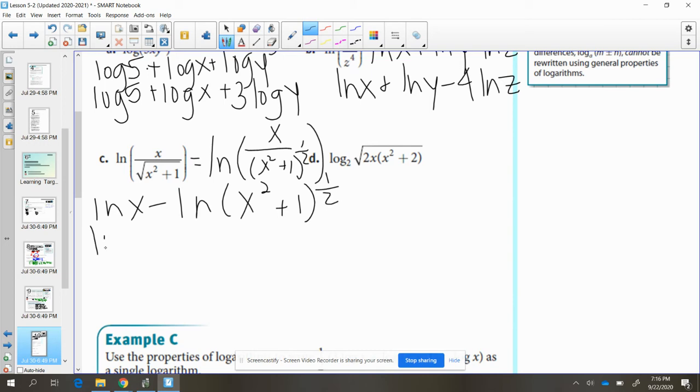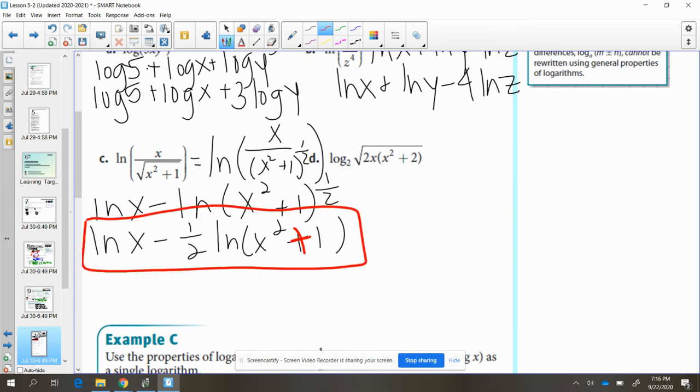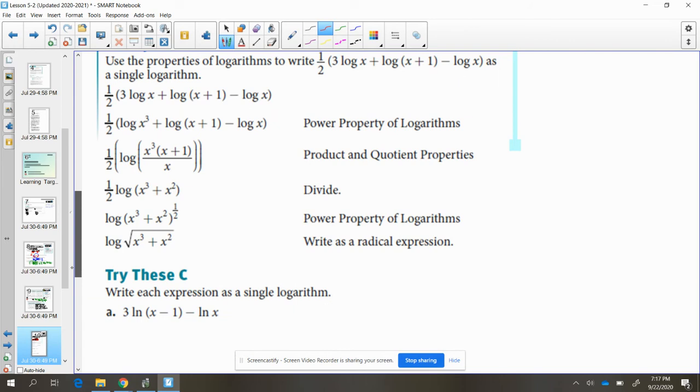And last but not least, we can move that 1/2 out front of our natural log. Now, you're probably thinking, can't we do something with that x squared plus 1? It's addition inside here, not multiplication, so we can't do anything further. This is as expanded as it's going to get because it's not multiplication or division inside the log to expand out.